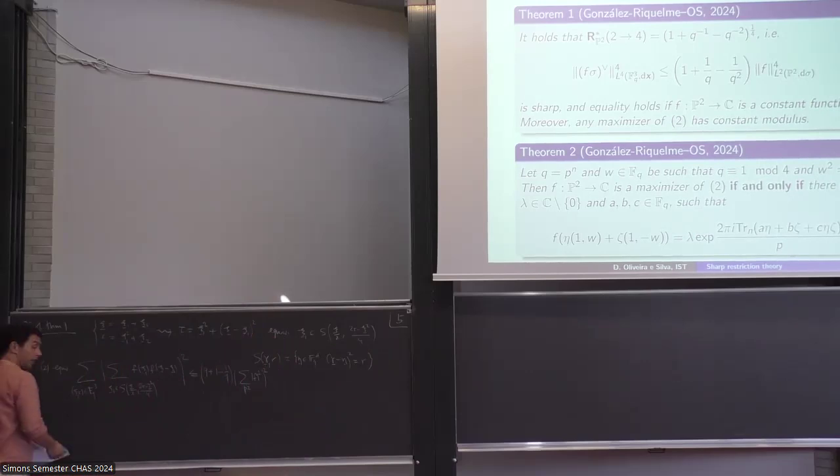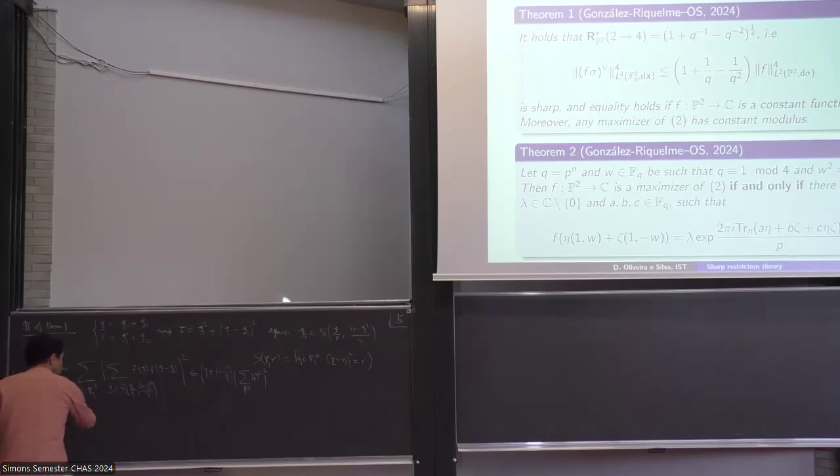And maybe one thing to observe is, in the case of the Euclidean parabola, the proof was very simple. We just used the fact that the convolution was constant inside, so there was a trivial Hölder that extracted the value of that constant, the value of that convolution, and Cauchy-Schwarz and Hölder were equalities at the same time for Gaussians. So what happens if we do exactly the same thing here?